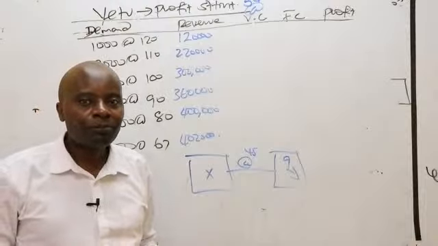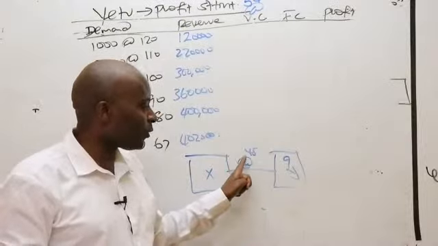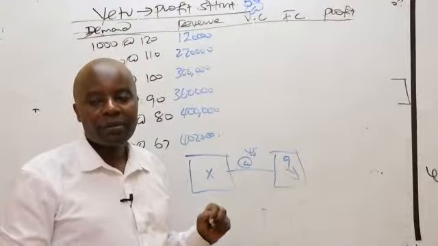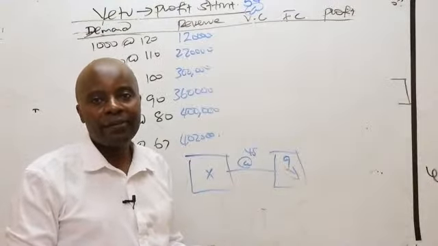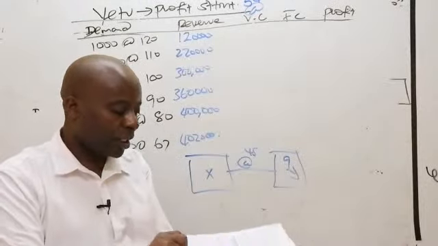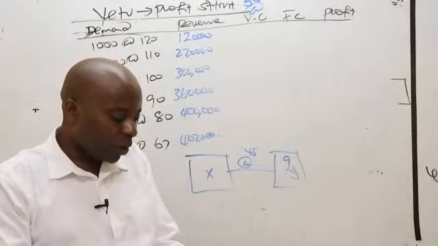How did you get 54? We took the transfer price of 45 plus the variable cost of Y, which is 9. If you read the variable costing, these people have given us the cost down there. If you look at the Y there, you'll be able to see division Y has a variable cost of 9.